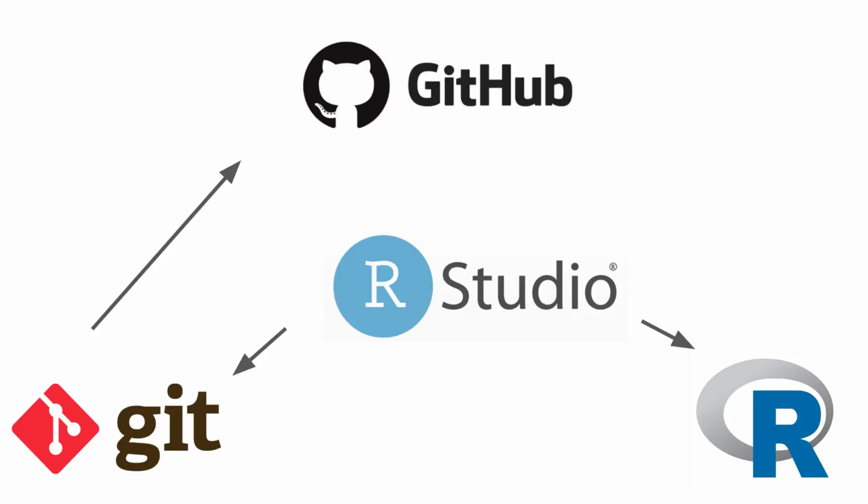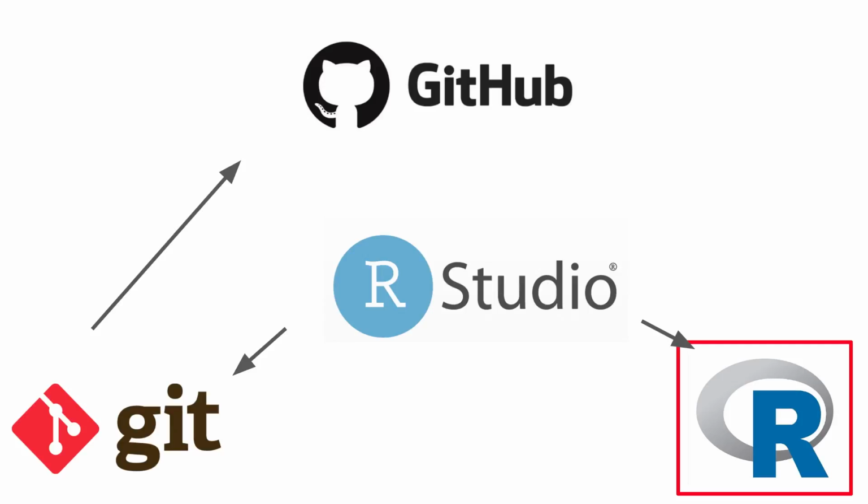So Git and GitHub, of course, just the name suggests the relationship. They are very close to each other, and then R and RStudio are very close to each other, but RStudio extends its interface to also include features that allow you to work with Git and GitHub, because those tools are so central to working with data science.